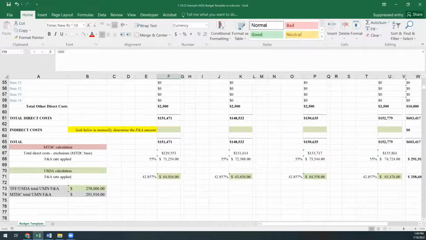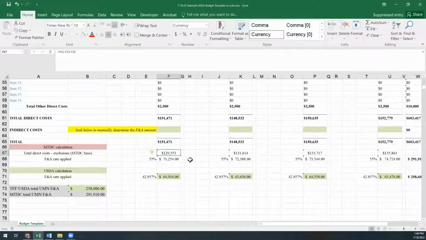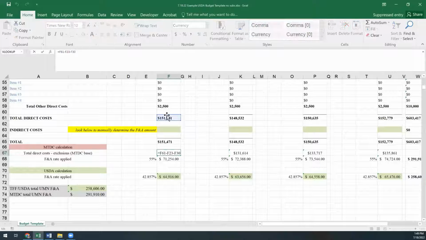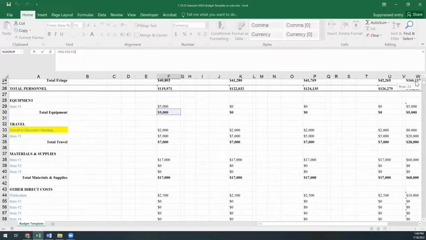If you look at rows 66 through 68, this is where we start to do the modified total direct cost calculation. These cells are performing this calculation based off a couple of formulas that are running in the background. The first thing we do is calculate what's called a modified total direct cost base. So we're taking the total direct costs and subtracting out the things that are exclusions to F&A under the modified total direct cost method.